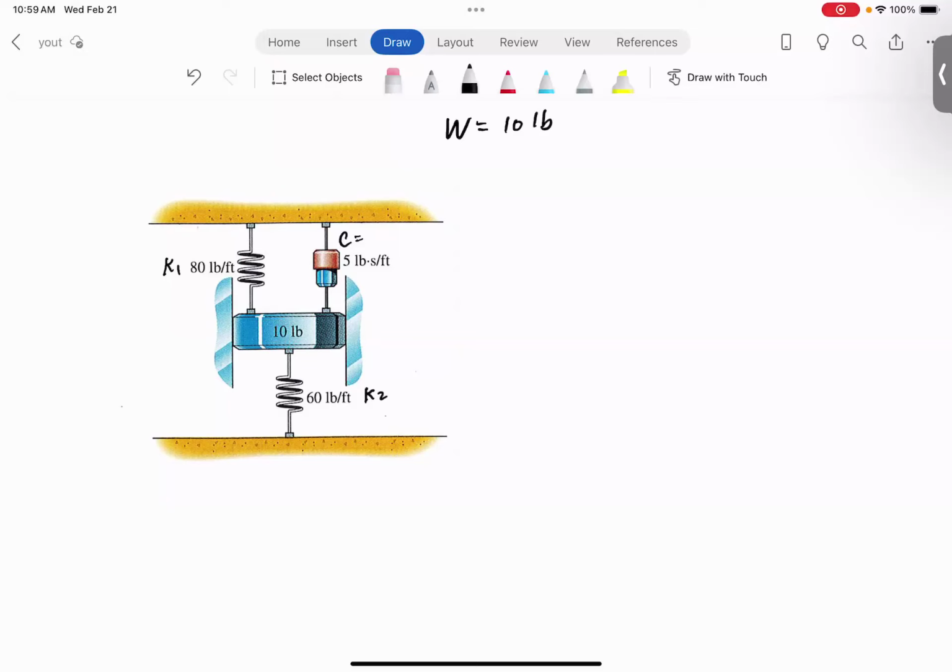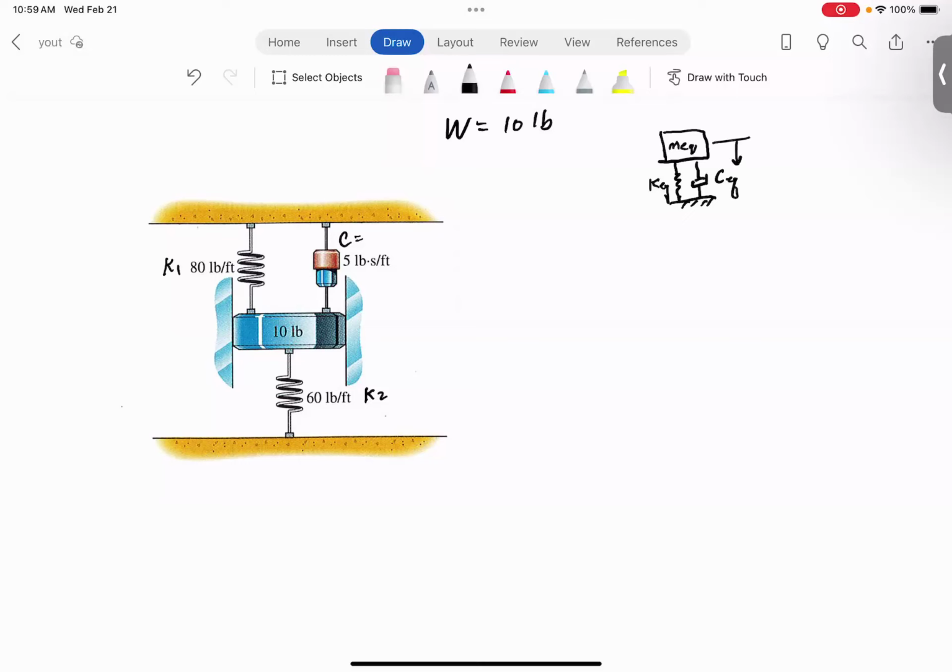Now, in general, if we have some mass and what we call an equivalent spring, an equivalent damping coefficient, an equivalent mass, then you can find basically the differential equation of this.